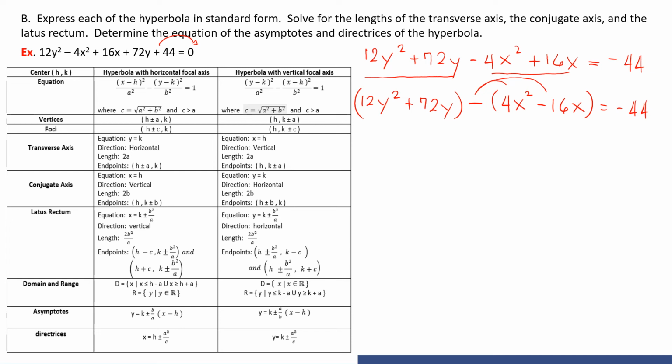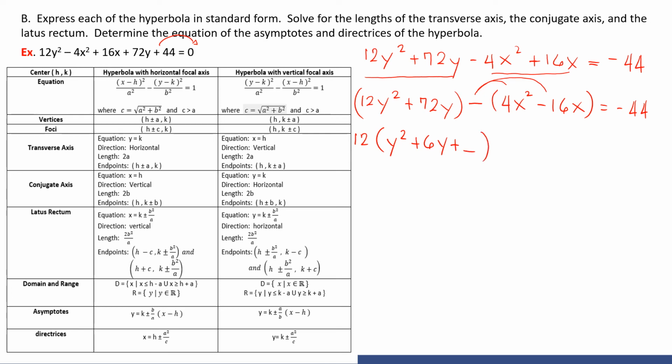Okay? Now, in 12y squared plus 72y, the leading coefficient is 12. So if we factor out the leading coefficient 12, what remains inside is 12y squared divided by 12, which is y squared, while 72y divided by 12 is 6y. And then plus blank.